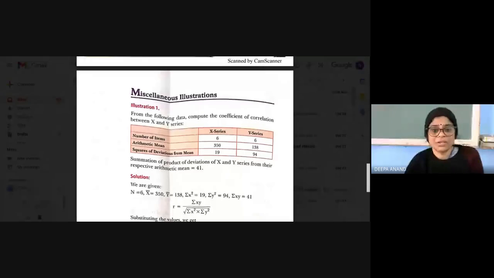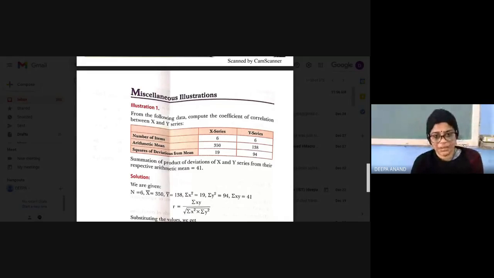So number of items, that is n is equal to 6, given in both the series x and y. Arithmetic mean in the first series is 350, that is x bar is 350. In the y series, arithmetic mean is 138, that is y bar is 138.